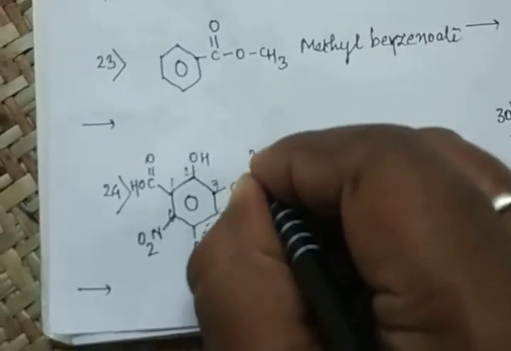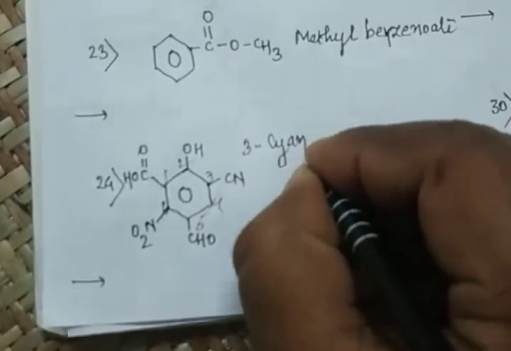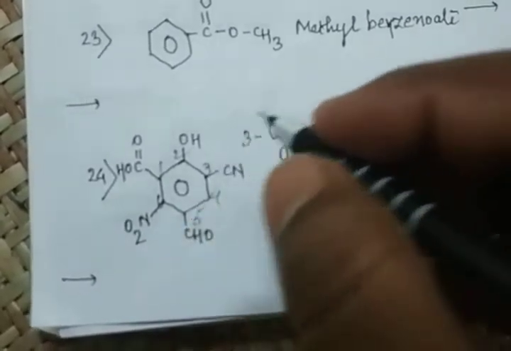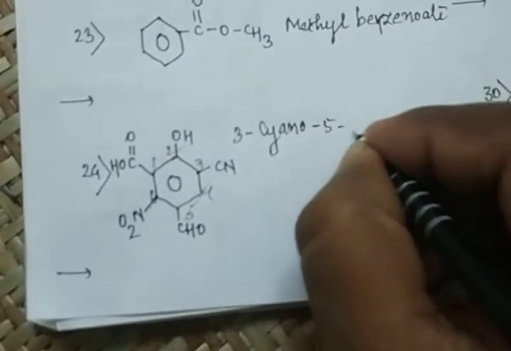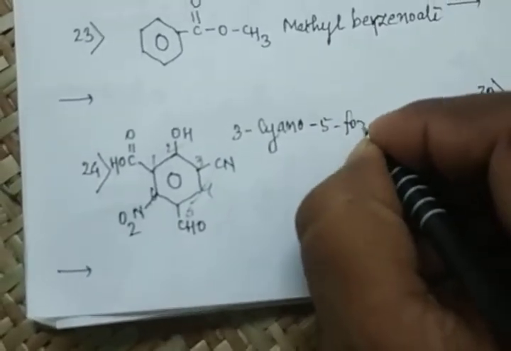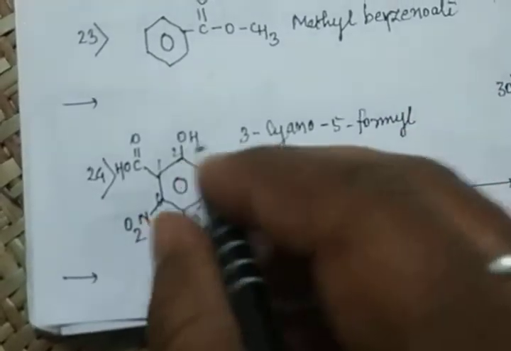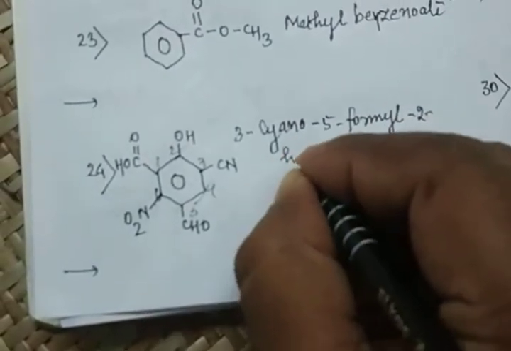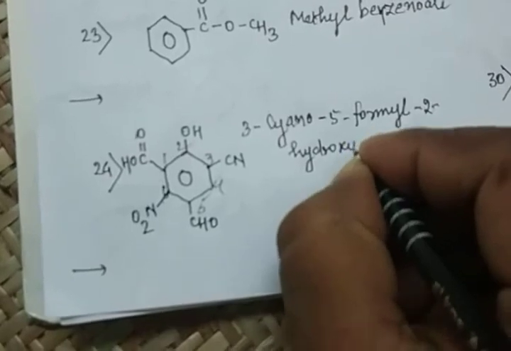So 3-cyano. Then F, and this is H. So 5-formyl. Clear? Then 2-hydroxy.